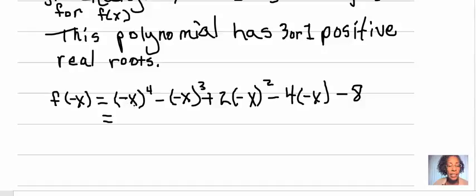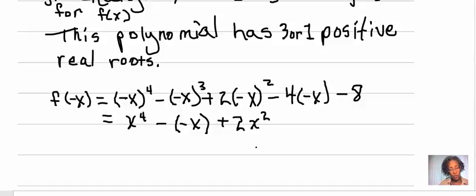Whenever I raise a negative to an even power, the negative sign is going to disappear. Whenever I raise a negative to an odd power, the negative sign is going to remain. So the square of negative x is just x squared, and 4 times negative x is negative 4x.